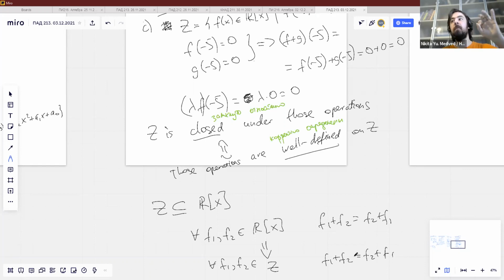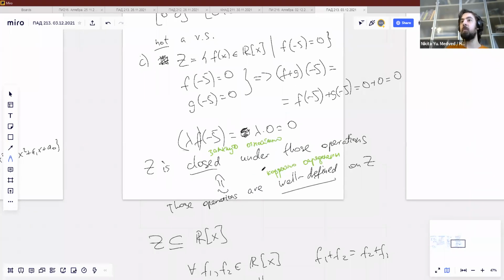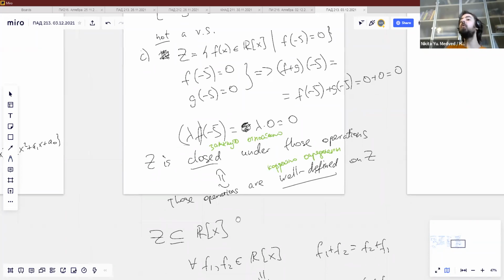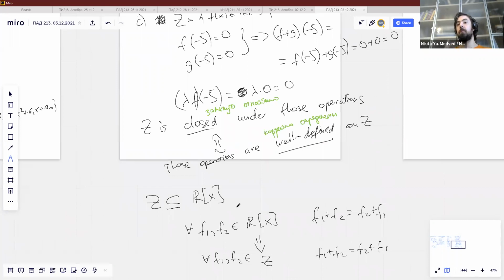So we get a powerful rule. If our candidate for a vector space is a subset of something that we already know to be a vector space, and the operations are the same, then we need to check whether the operations are well defined on Z. But if we check that, we do not need to check the axioms.